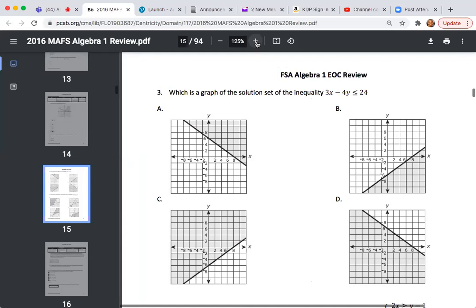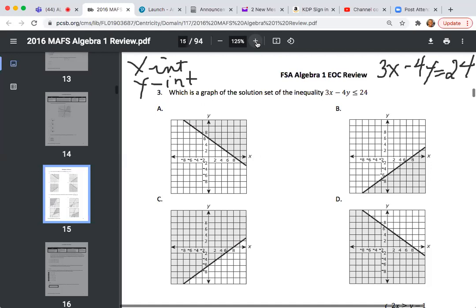So here's what's actually going to help us, guys. Pay attention, everybody. The first thing I'm going to do is take this inequality and rewrite it as an equation, so I can figure out my x-intercept and my y-intercept.